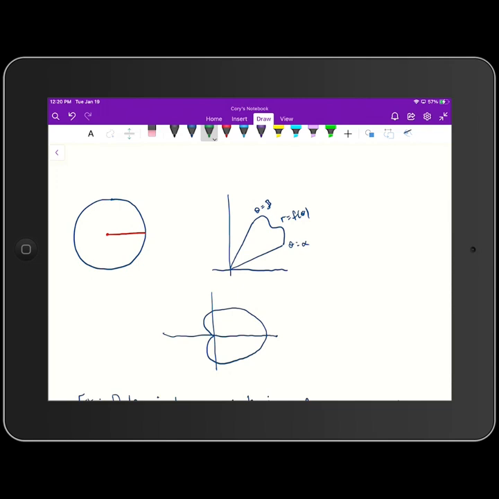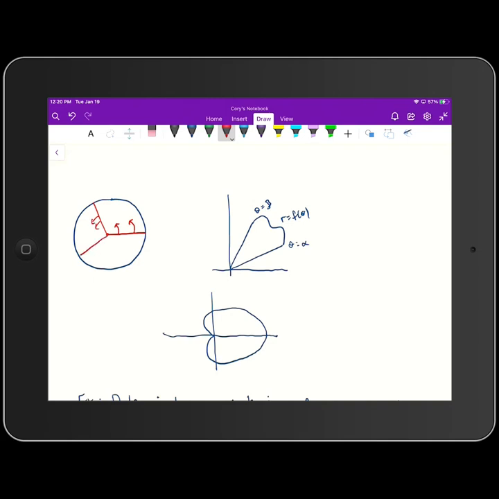You've got a circle, and then you've got a radius extending from that circle. And then the radius is going to get spun around the circle. After some time elapses, your radius is going to be over in here, and then after some more time elapses, your radius is going to be over in here.